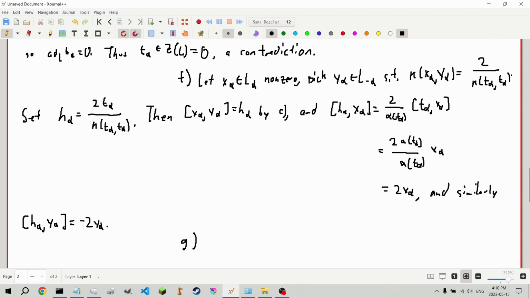Finally, we have part G, which states that H alpha is 2T alpha over the killing form of T alpha with itself.